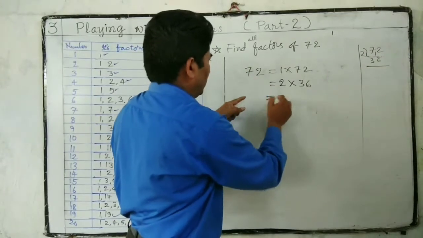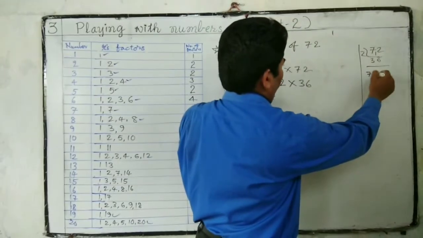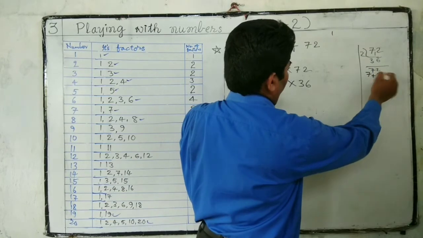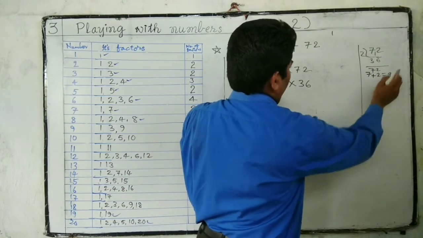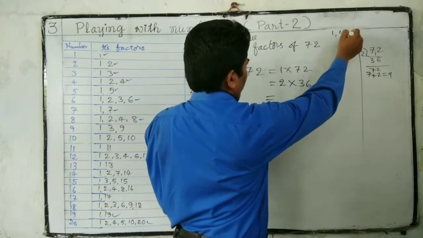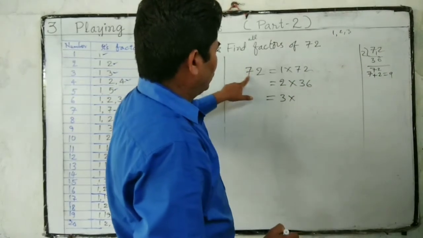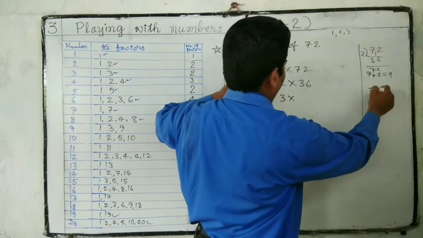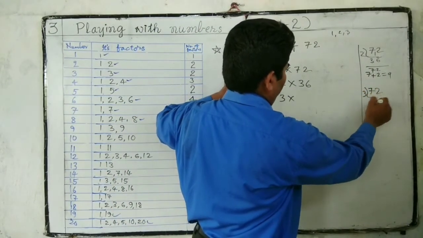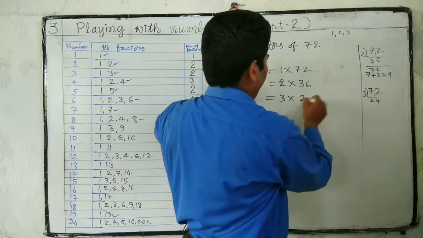Next, sum of the digits: 7 plus 2, 72, 7 plus 2 is 9. So it is exactly divisible by 3. So 3 twos are 6, 1 remainder, 3 fours are 12. So 3 24s are 72.